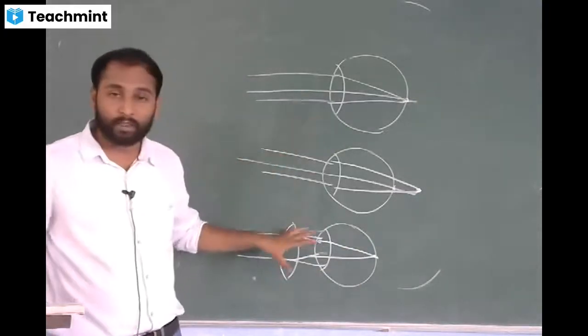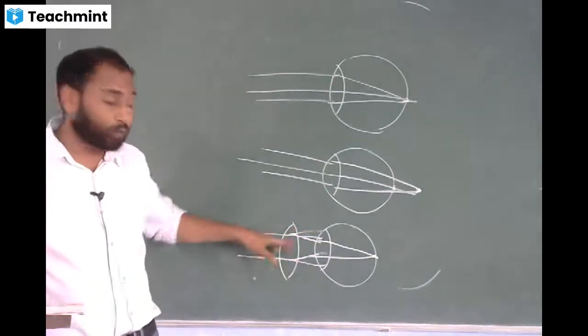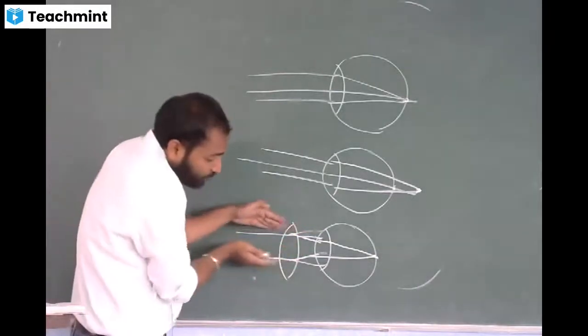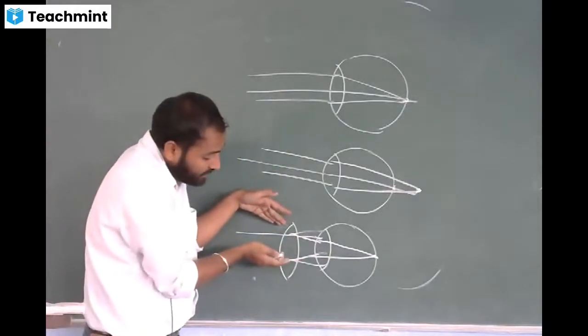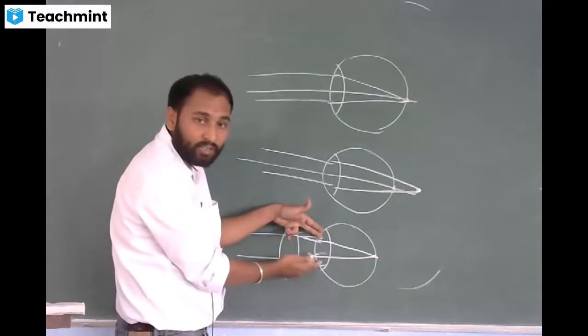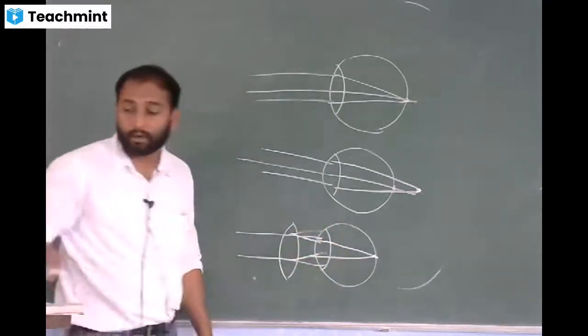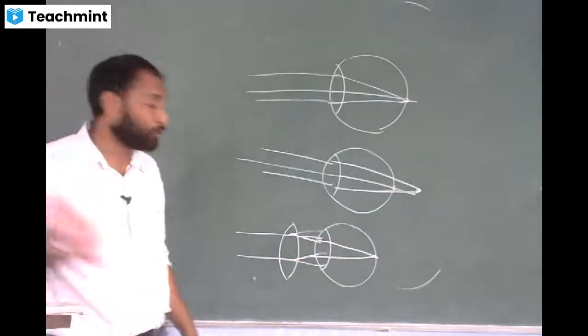This is just for making you understand. By using a convex lens, we will try to converge the incident rays. Once the incident rays converge, the rays after refraction from the eye lens will also converge on the retina. That is why a convex lens is used.